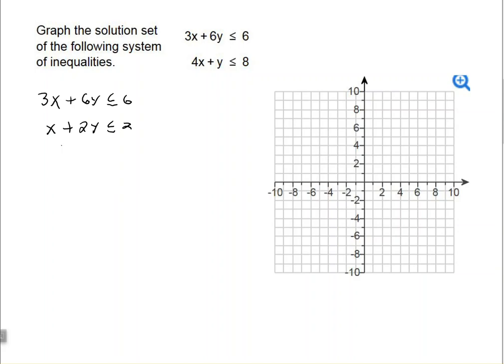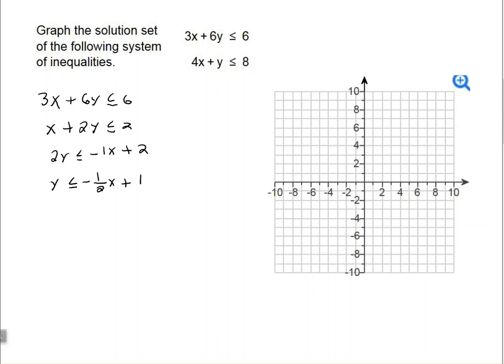And we're solving for y, so let's subtract x from both sides. And then divide both sides by 2. And 2 divided by 2 would be 1.